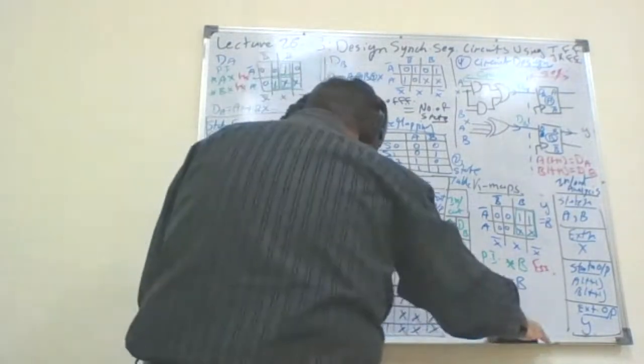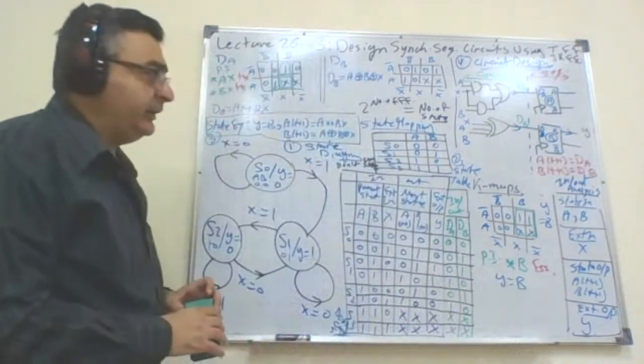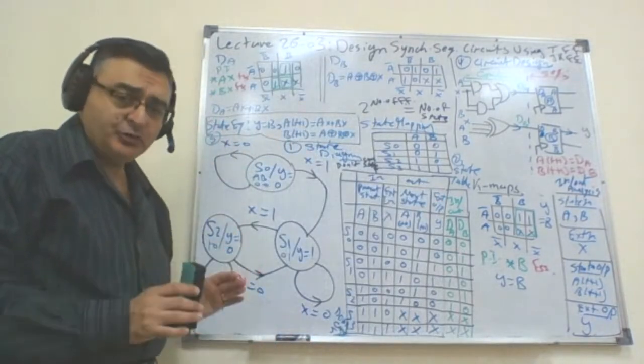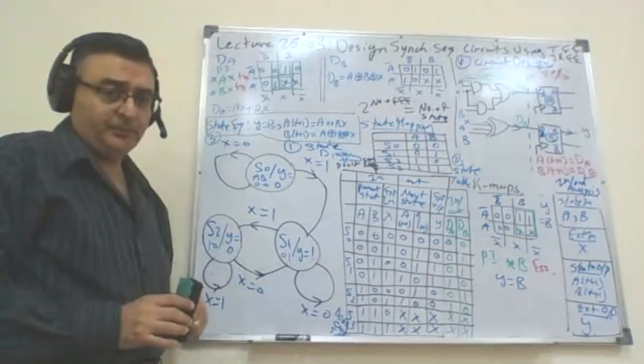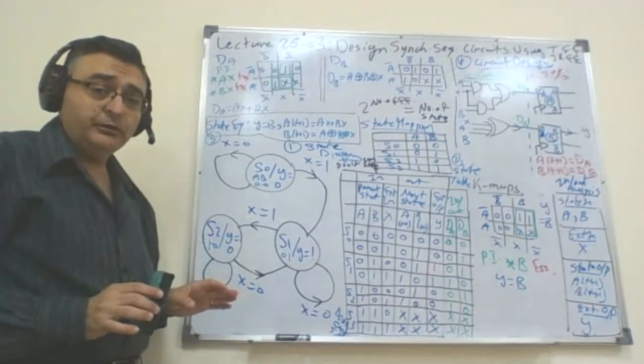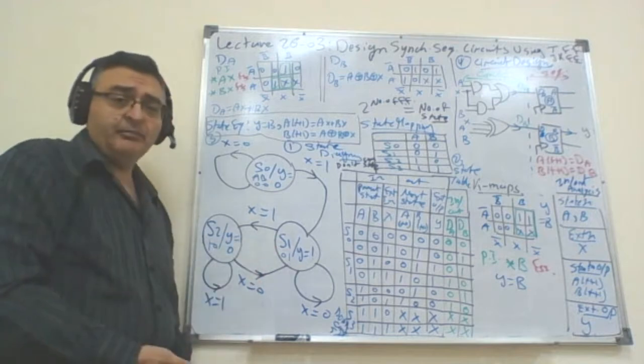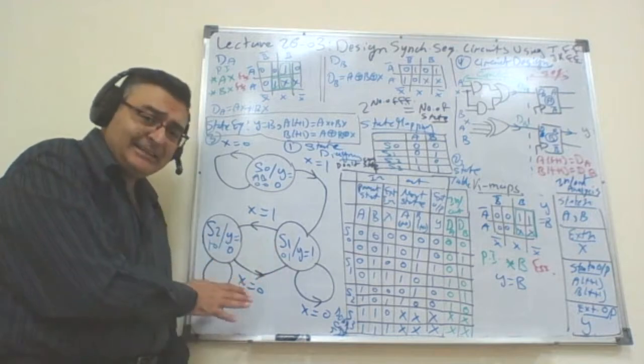Now, first of all, we need to highlight what will be different if I am using a different flip-flop. First of all, nothing changed in the state diagram. The state diagram is as it is.